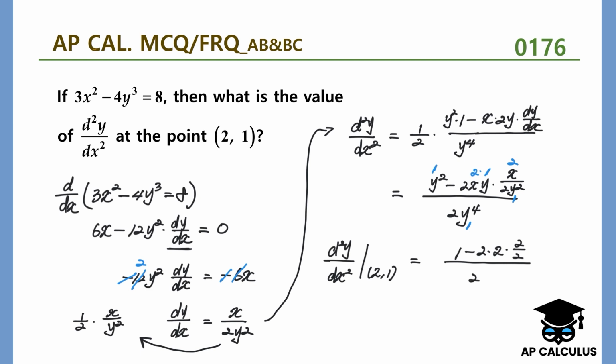And the denominator is 2 times 1 to the power of 4, that's 2. Here we have 1 minus 4, so that's going to be negative 3 over 2. So our second derivative at the point 2, 1 is negative 3 over 2.